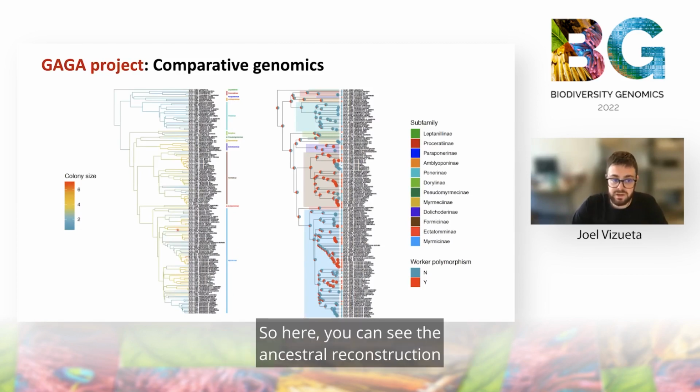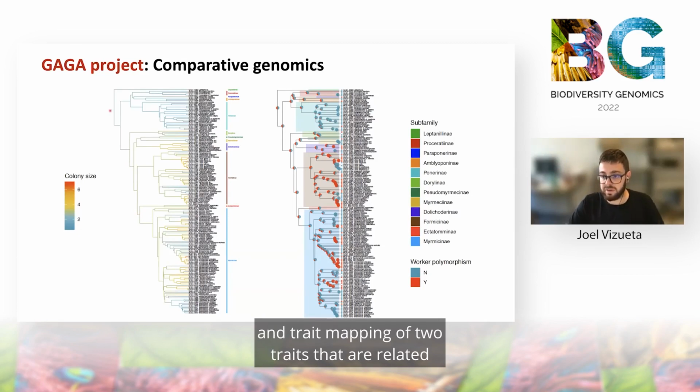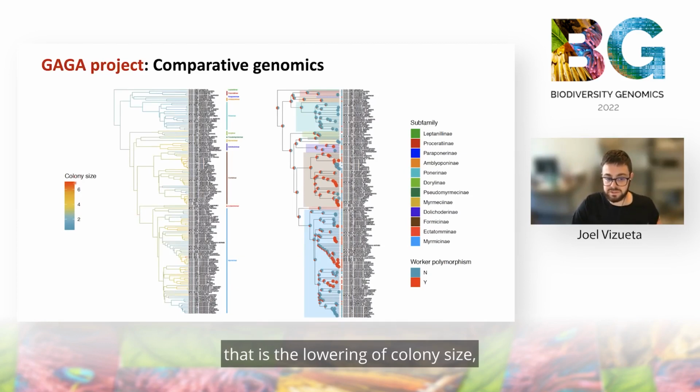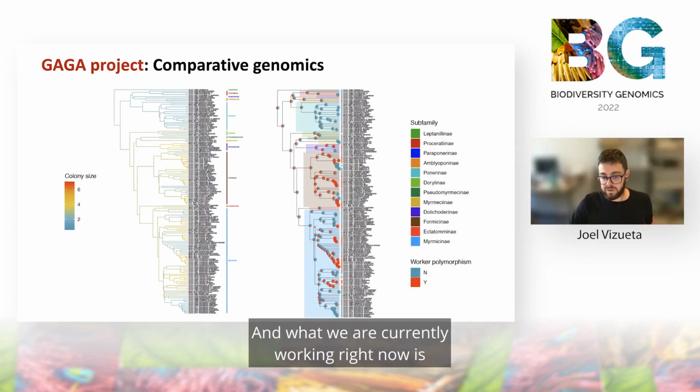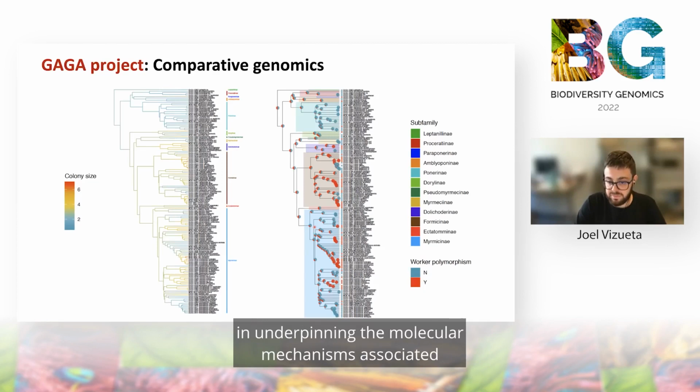Here you can see the ancestral reconstruction and trait mapping of two traits related to social complexity: colony size, which is the logarithm of colony size, and worker polymorphism, whether the species have monomorphic or polymorphic workers.